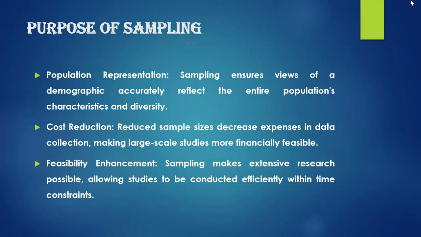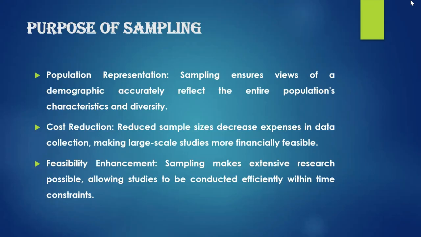The importance of this is it reduces the cost of collecting and analyzing data, enables researchers to focus on a smaller group while ensuring meaningful results, makes large-scale research feasible by minimizing resource requirements. It can be done through systematic sampling and cluster sampling to cover large populations efficiently. Application of multi-stage sampling to break down complex populations into manageable units.